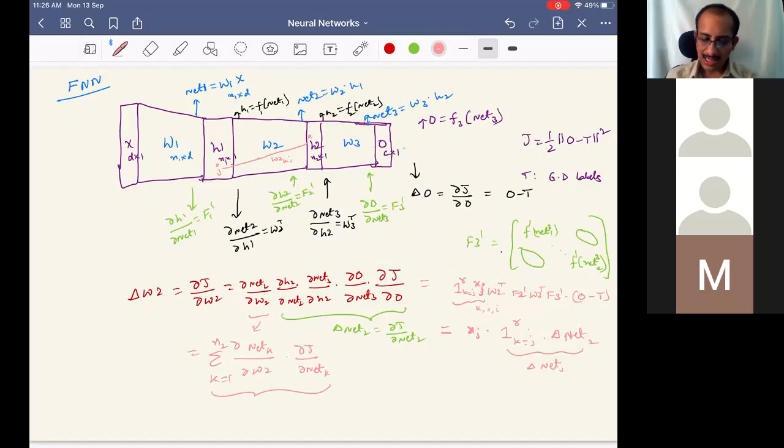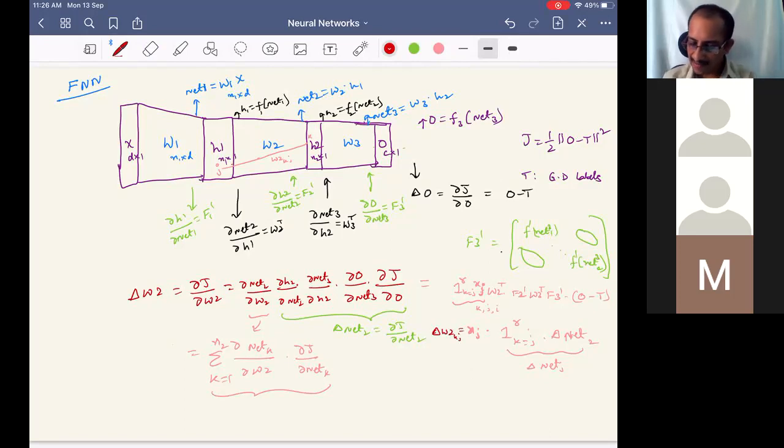Since that is not very convenient to write, I have written it as, so finally what we have written here is nothing but, in scalar form, delta W2kz. Is this fine or any questions here? Okay.